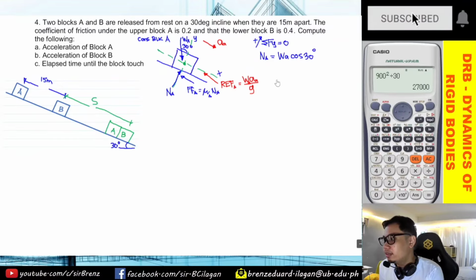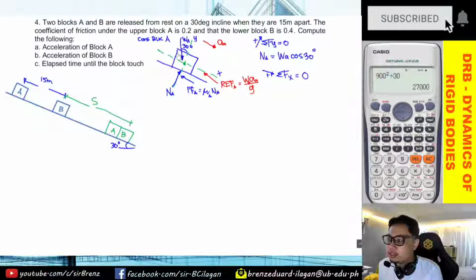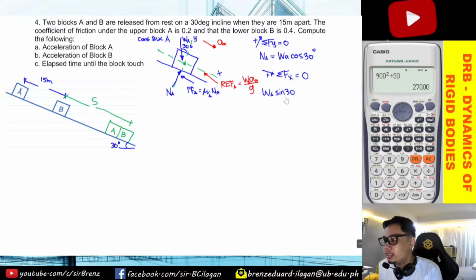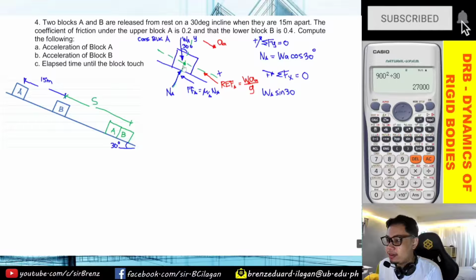And next, assuming this direction as positive, take summation of forces X equals 0. The x component of WA is WA sine 30, and the rest are negative, so I will transpose them to the other side.